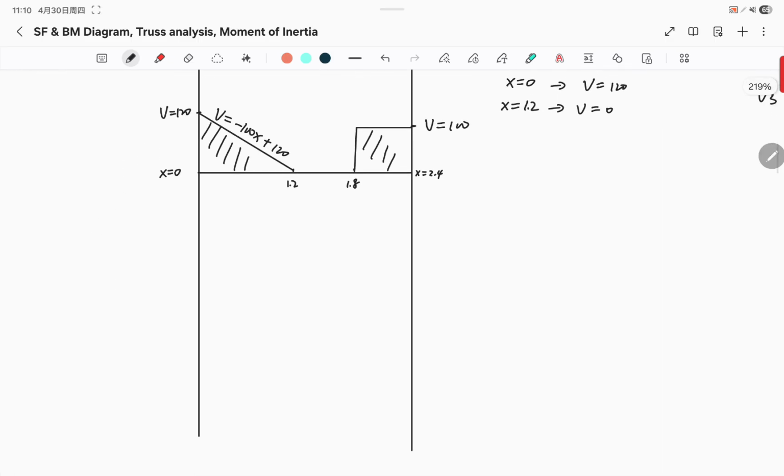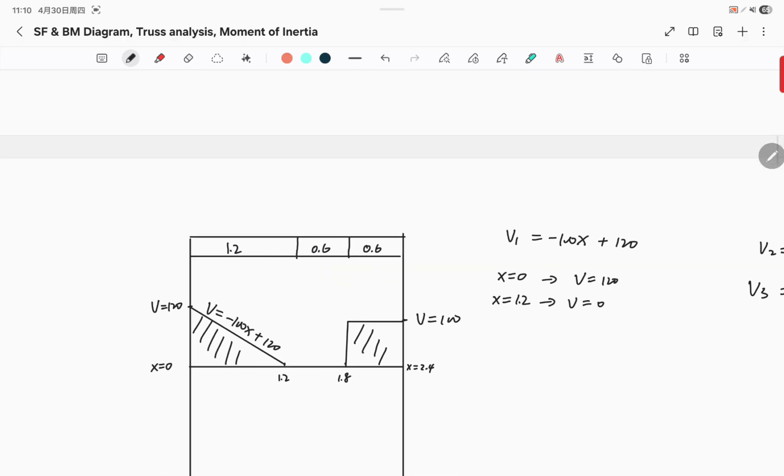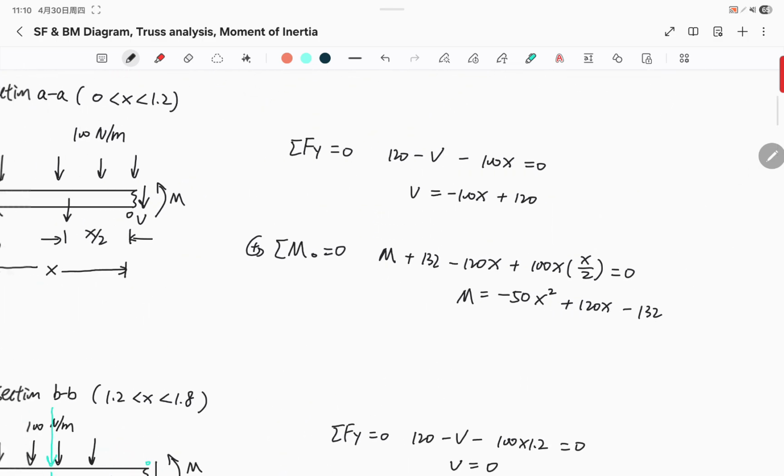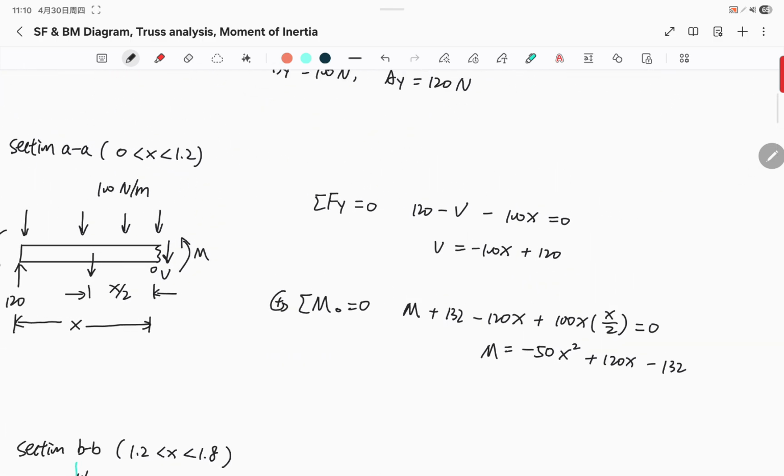Okay, now we're going to draw the bending moment diagram. Again, we're going to draw from section AA, section BB, section CC. So we're going to go for the first equation we have for bending moment, which is this one.